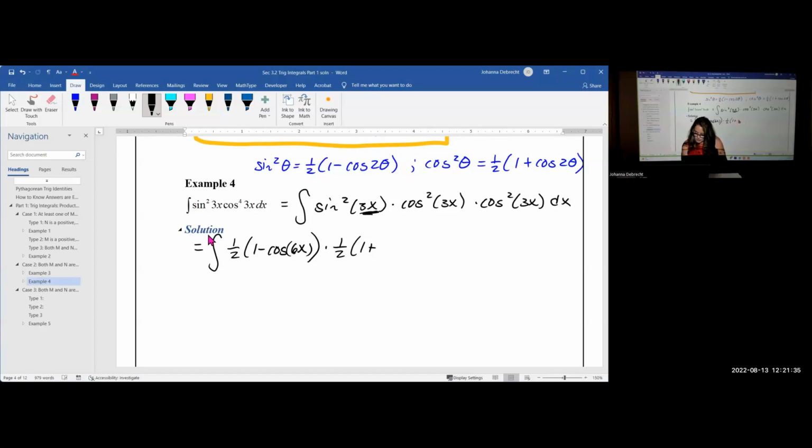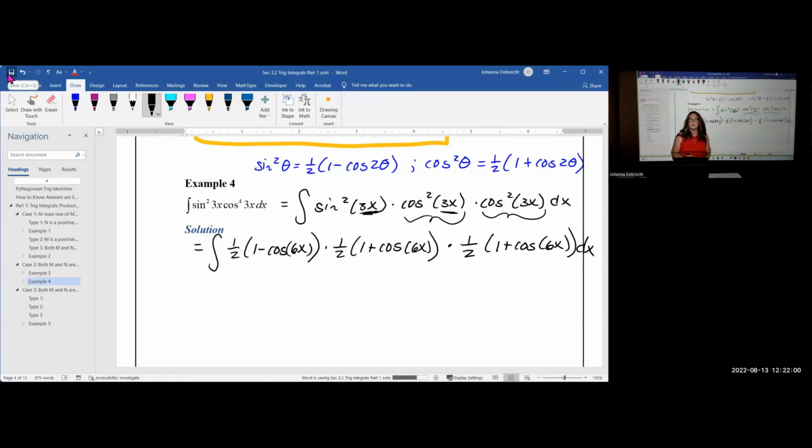And then when I convert cosine squared, I get 1 plus the cosine of double 3x, which becomes 6x. And then I do it again because I've got 2 of the cosine squareds of 3x. So I have a 1/2 times 1 plus cosine of 6x twice, and then dx at the end.